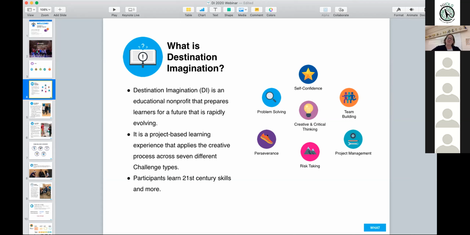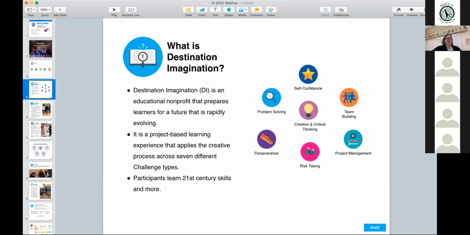Destination Imagination itself is an educational nonprofit. So it is a nonprofit organization. It is based out of the United States, is where it started. And its goal is to prepare learners for a future that is rapidly evolving. And you can see on the slide there, it talks about some of the things that it feels that it works on with the learners. So problem solving, creative and critical thinking, risk taking, perseverance, et cetera, et cetera.